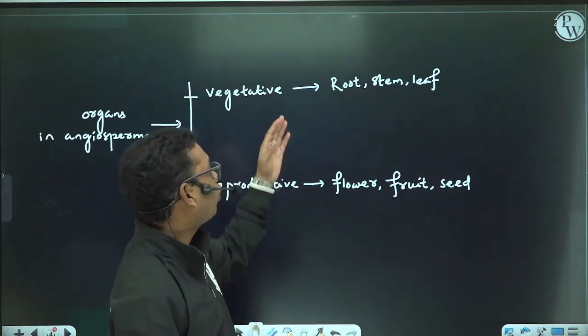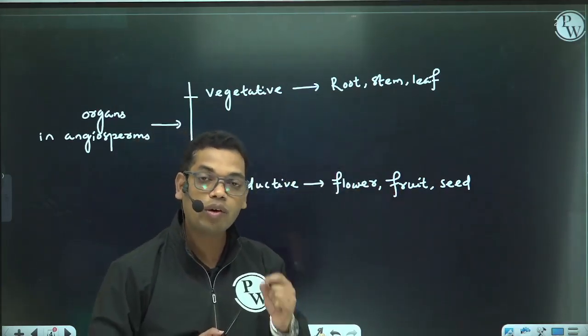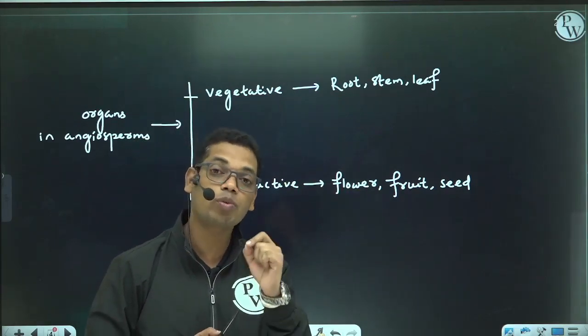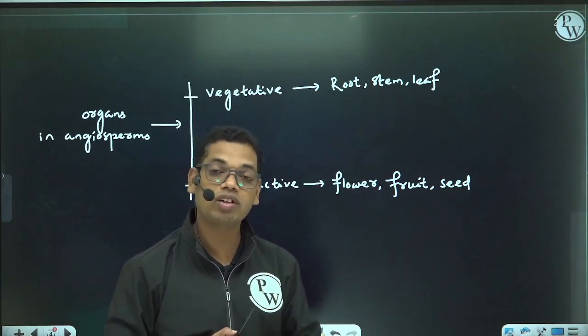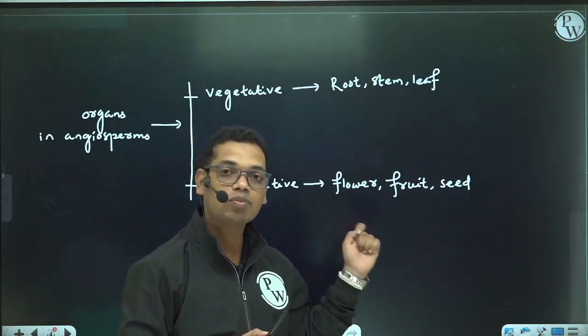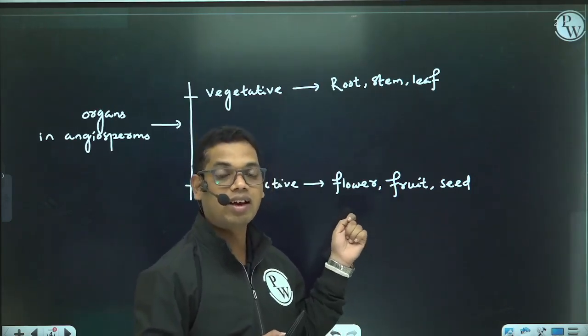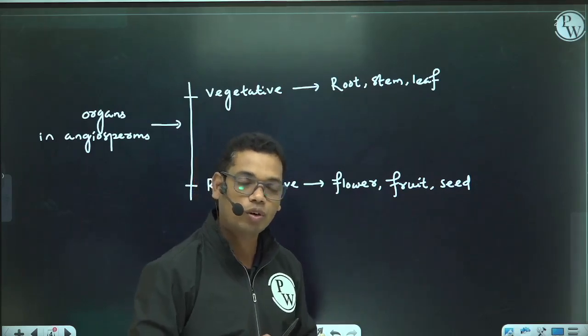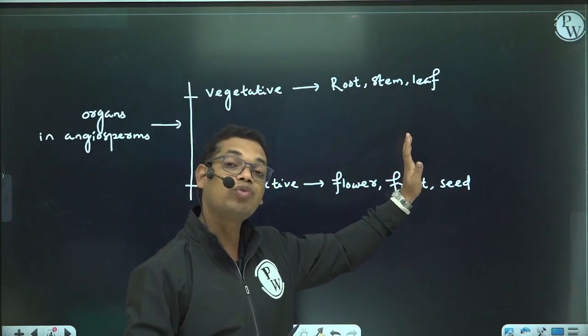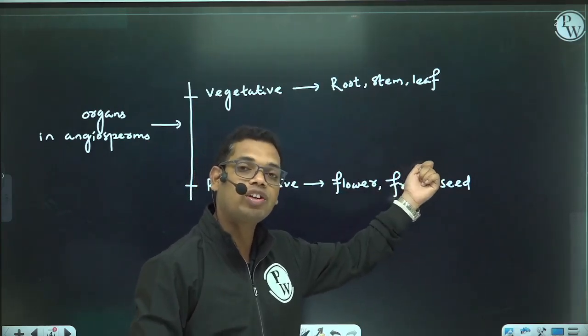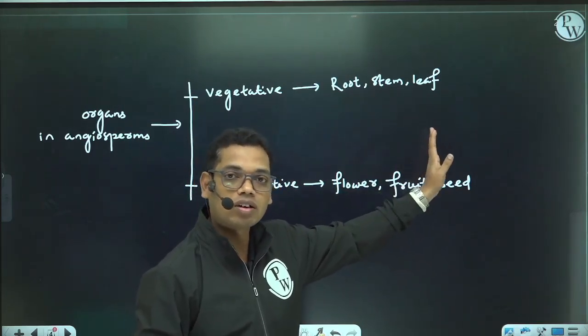Root, stem and leaf no doubt participate in reproduction, but in asexual, vegetative reproduction. That is why they are not considered reproductive organs; they are considered vegetative organs. I repeat, these organs also participate in reproduction, but asexual, vegetative. That is why we do not call them reproductive organs.